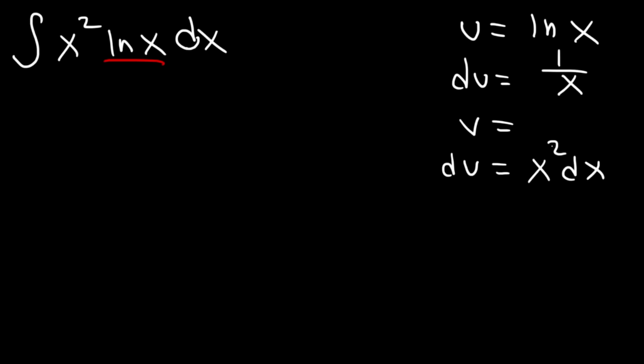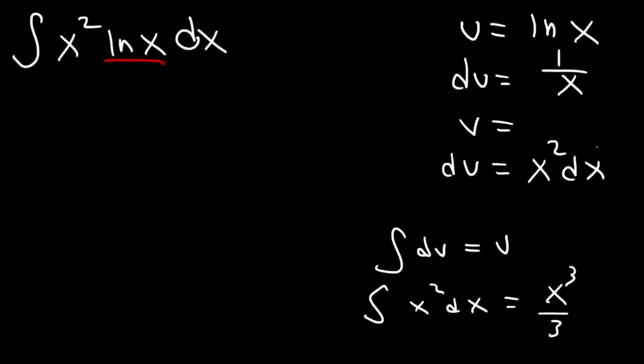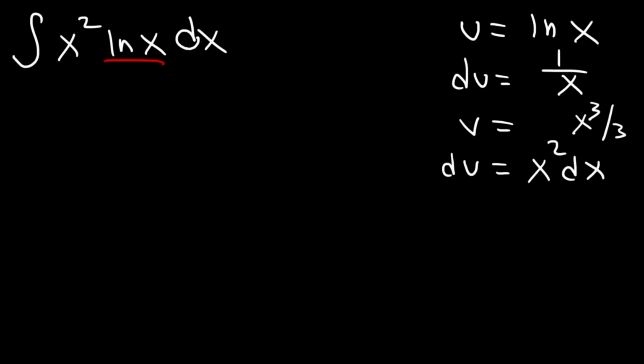And the antiderivative of dv will give us v. So the antiderivative of x squared dx is x cubed over 3. So let's use the formula now.